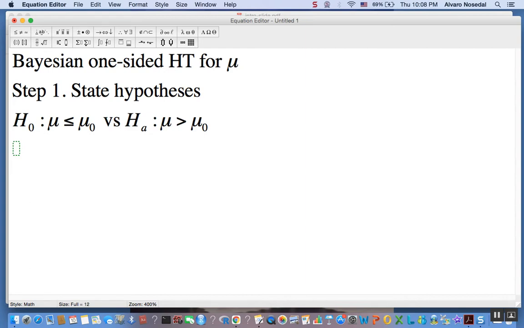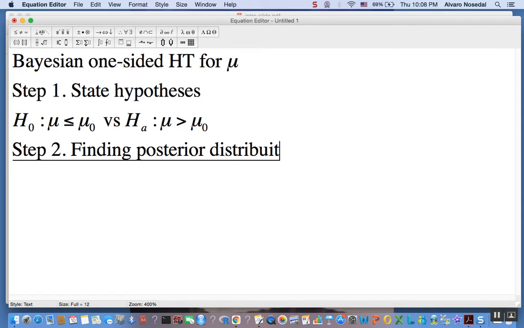So we have a one-sided alternative hypothesis. Now, step 2. In a frequentist approach, on the second step, you would compute the test statistic. In this case, our step 2 will be finding your posterior distribution.